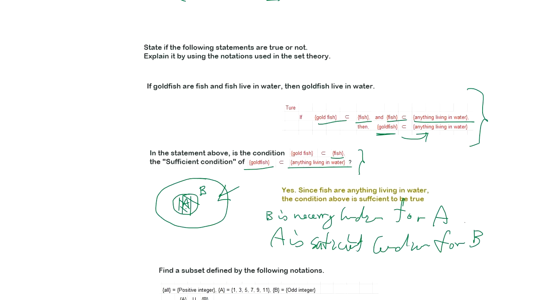But in order to be A, at least you had to be within B. Otherwise, the second axiom said if you don't belong to B, you're outside, isolated, you cannot be A. Okay, so what is the necessary and sufficient condition? When A and B are completely in agreement, right? Okay.